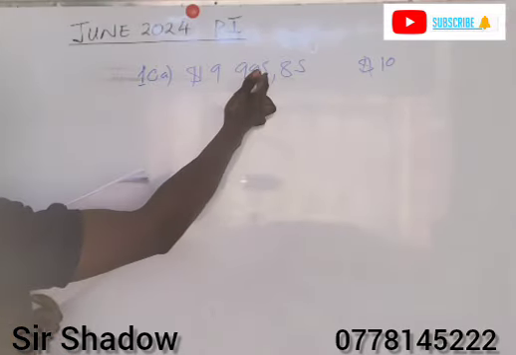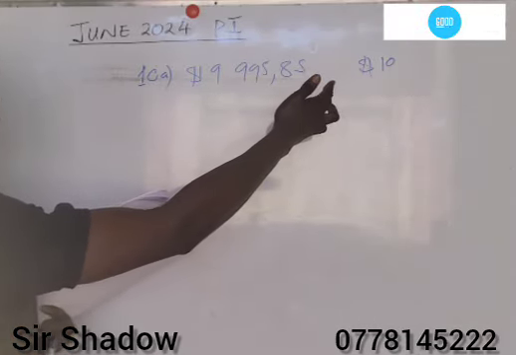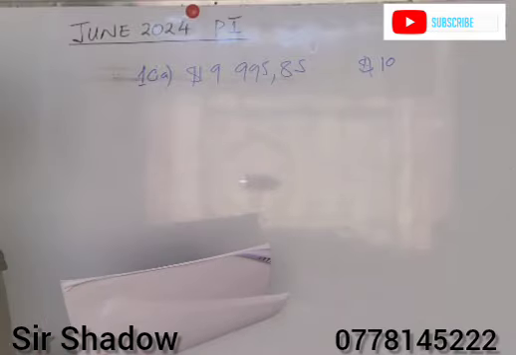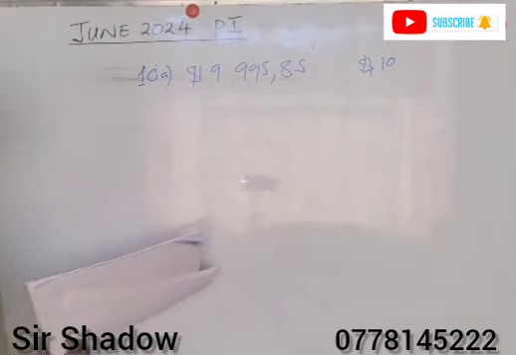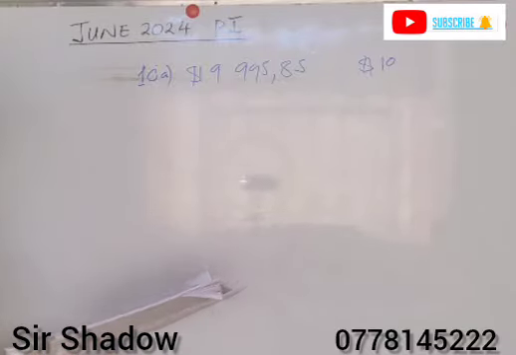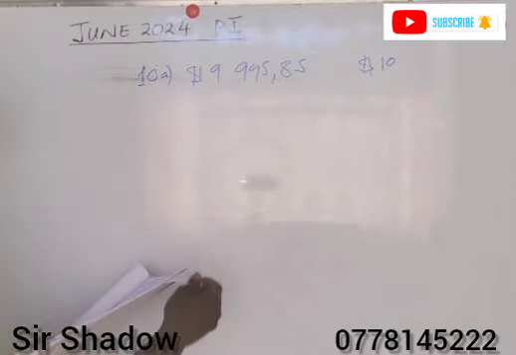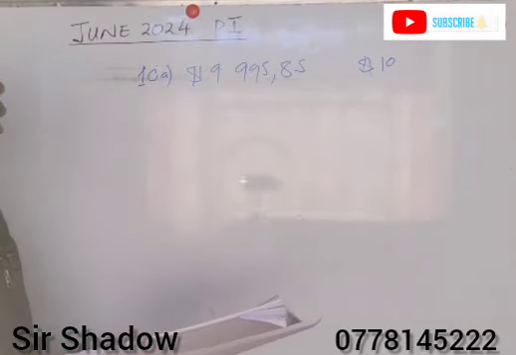So remember, these are the units, these are the tens, and you want to write to the nearest 10, right? So I want to round off 9,995.85 to the nearest $10.